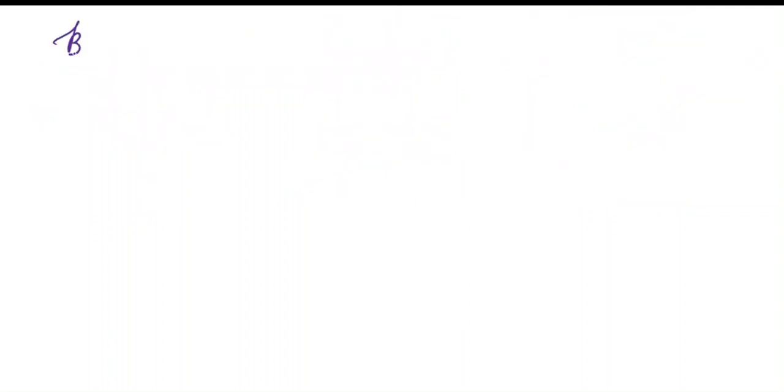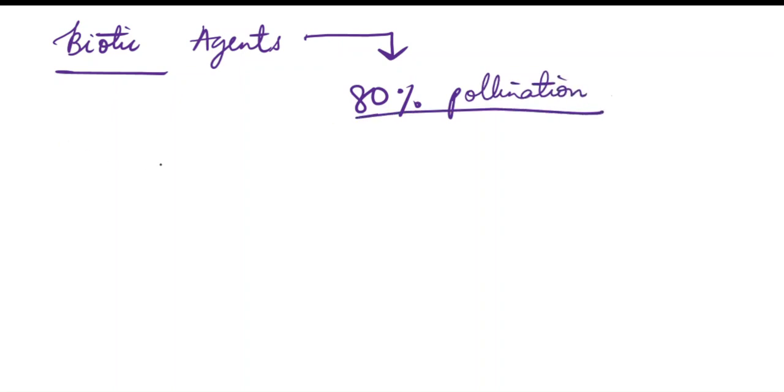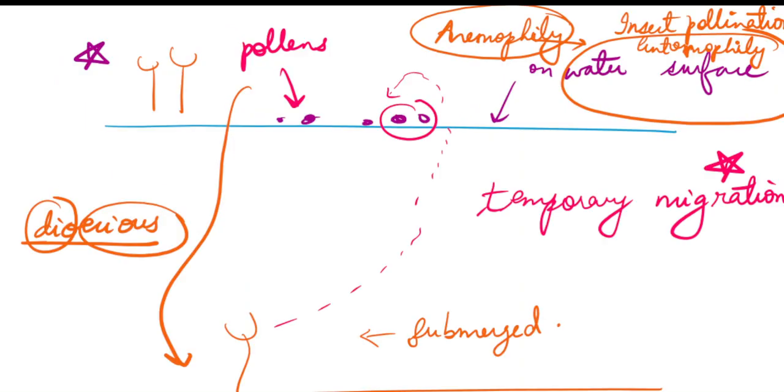Last we will come to biotic agents, which means biotic pollinators. Now 80% of pollination is done by these pollinators, and the remaining 20% is done by abiotic agents.